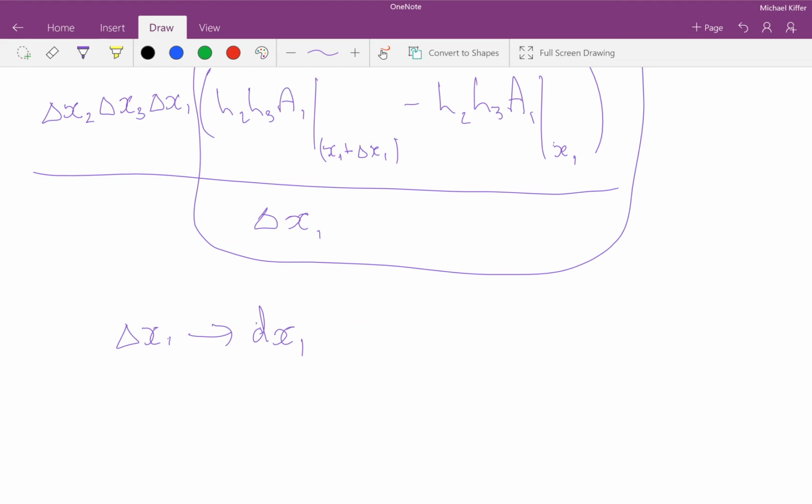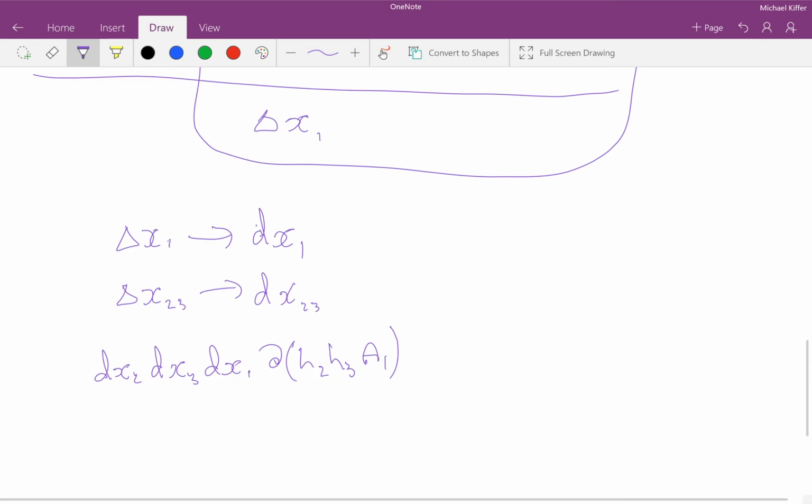So we'll also let delta x2 and 3 approach dx2 and 3, and we'll end up with dx2 dx3 dx1 del h2 h3 a1 on del x1.